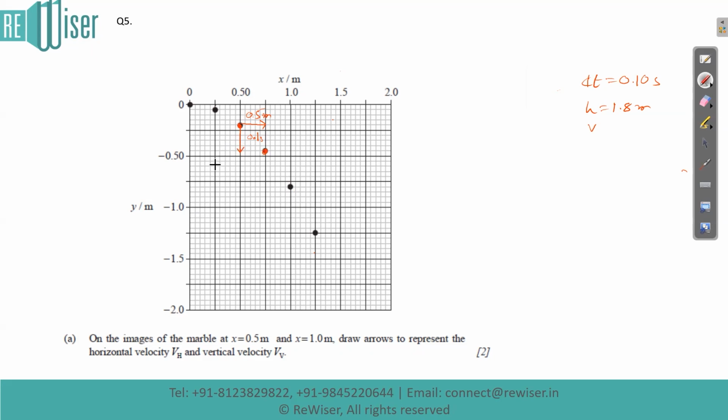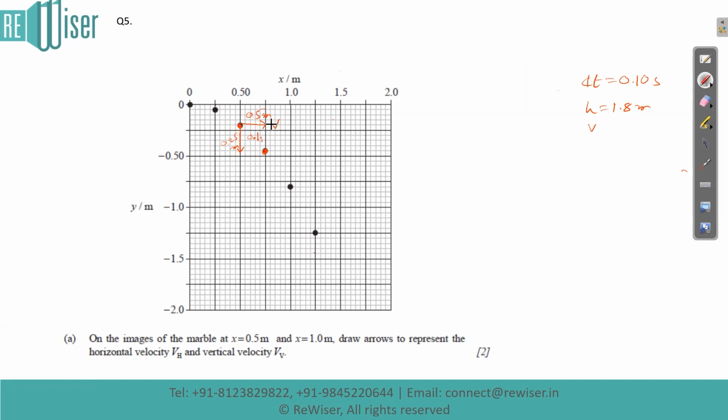So around how much is this? 10 boxes are 0.5, so 0.5 divided by 10, that is 0.05. So, sorry, 0.25 meters in this direction.